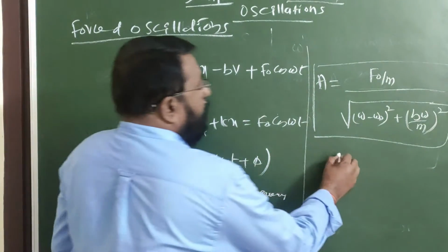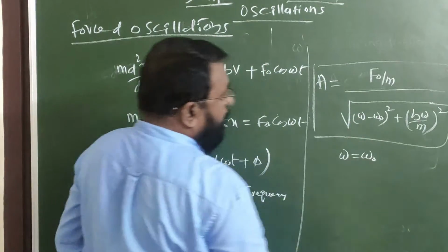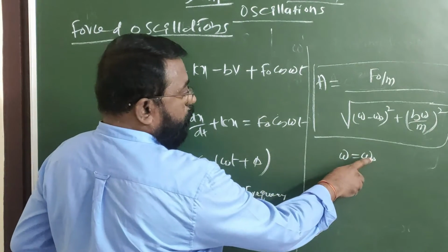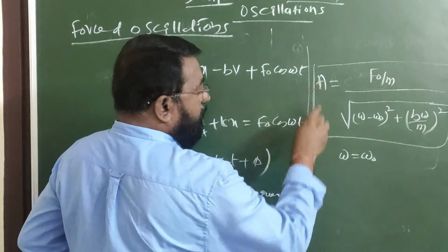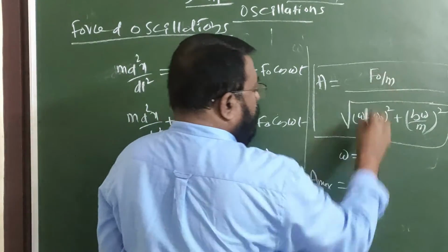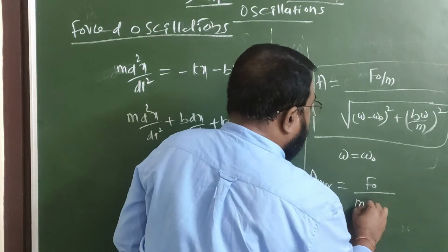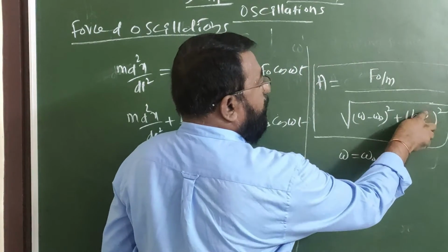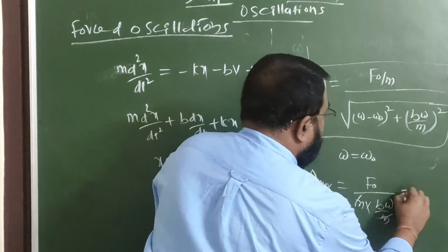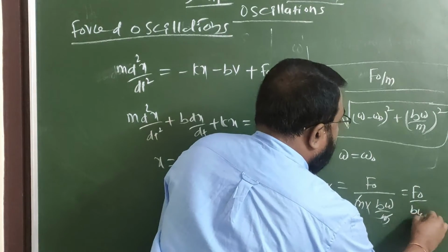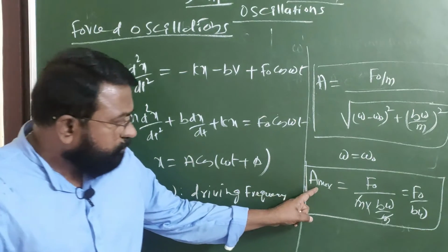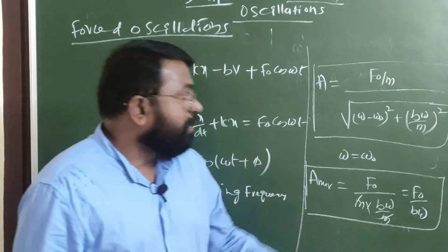For example, here omega is equal to omega naught. When the driving frequency is equal to the natural frequency of the object, the amplitude is maximum. Therefore, A max is equal to F naught by m, this term becomes 0, divided by square root of b omega by m whole square, therefore b omega by m, m cancels, this becomes F naught by b omega. So, this is the maximum amplitude, F naught by b omega.